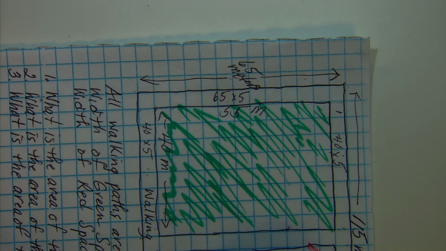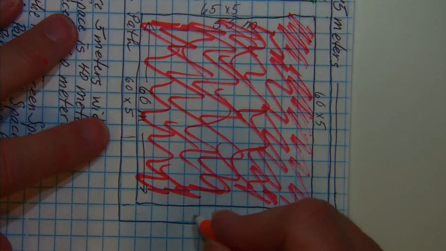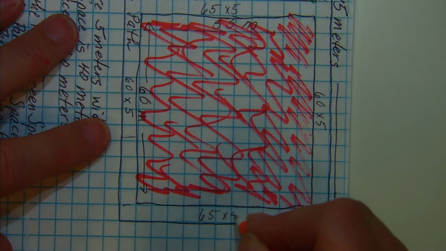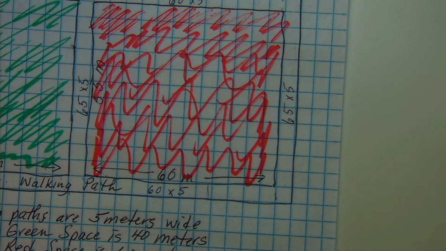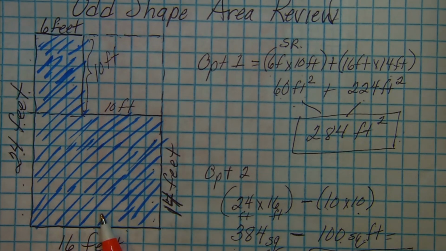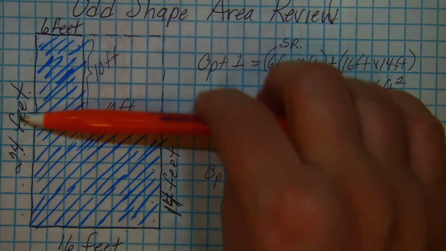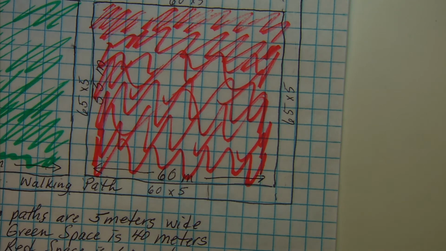This one is still 65 times 5 also. And the last part of the path is 65 times 5. All right. Again, just as we did with a traditional odd-shaped area, we can turn each of them into rectangles and then add all the areas up.